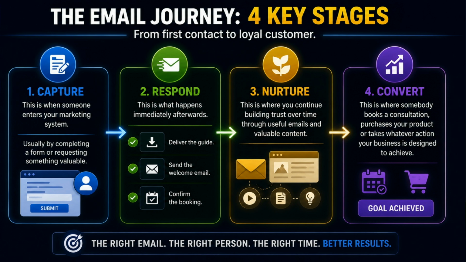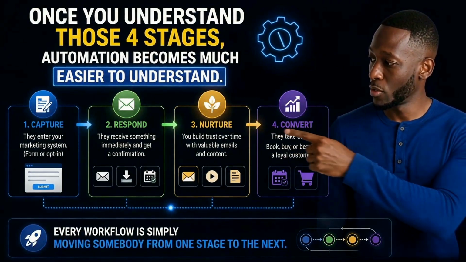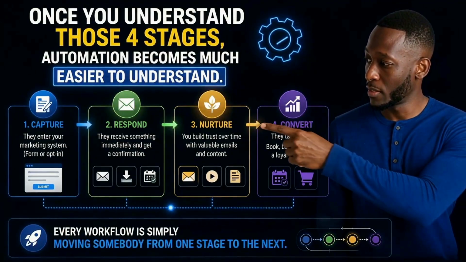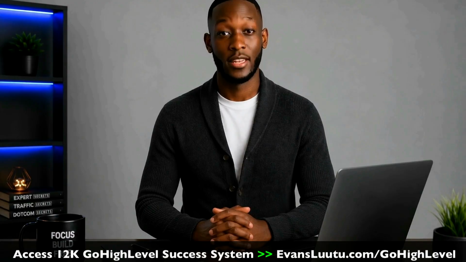Nurture is where you continue building trust over time through useful emails and valuable content. And finally, convert. This is where somebody books a consultation, purchases your product, or takes whatever action your business is designed to achieve. Once you understand those 4 stages, automation becomes much easier to understand because every workflow is simply moving somebody from one stage to the next.